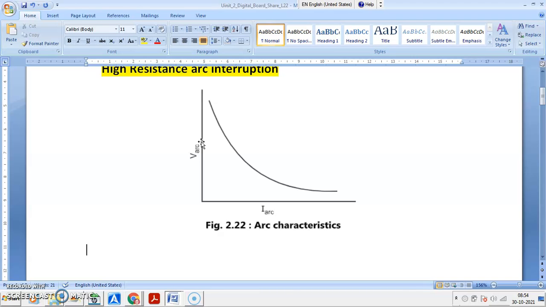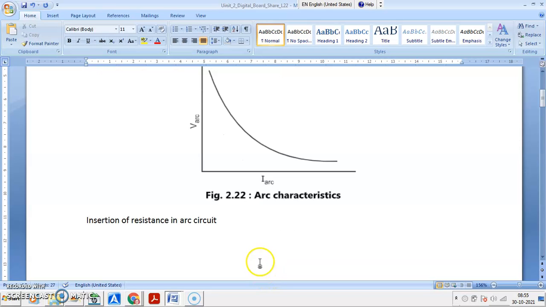This principle is particularly used in DC circuit breakers, especially insertion of resistance. The major point is insertion of resistance in the arc circuit, so that the voltage drop will increase, the arc current will decrease, and finally you drop the voltage to such a level that it can no longer maintain the arc.